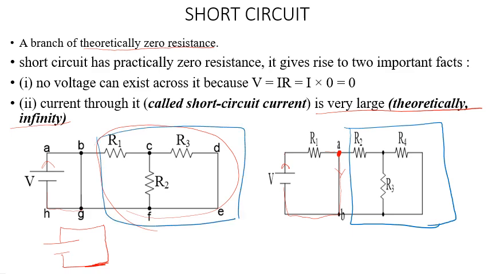So if I redraw this circuit, the part that will be considered in our analysis would be this R1, only R1. Meaning R2, R3, and R4, all of them have been short circuited because no current will flow through them.